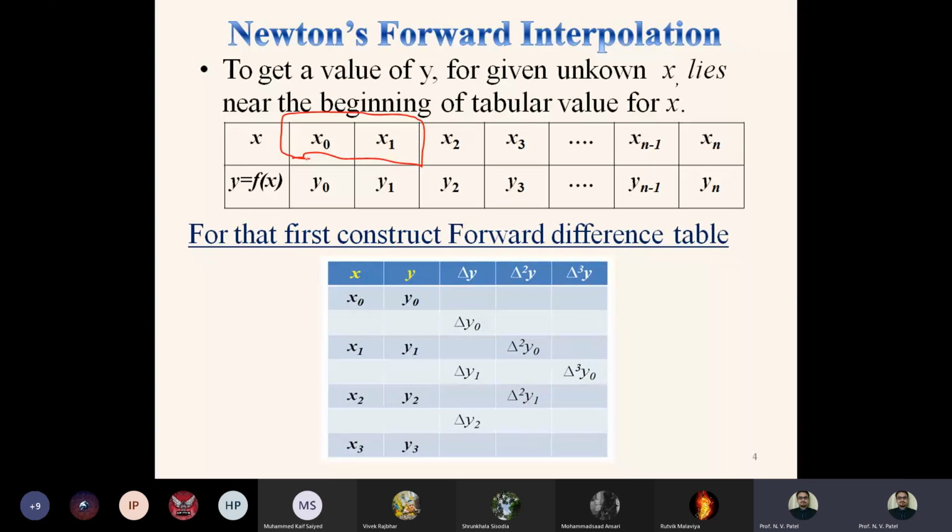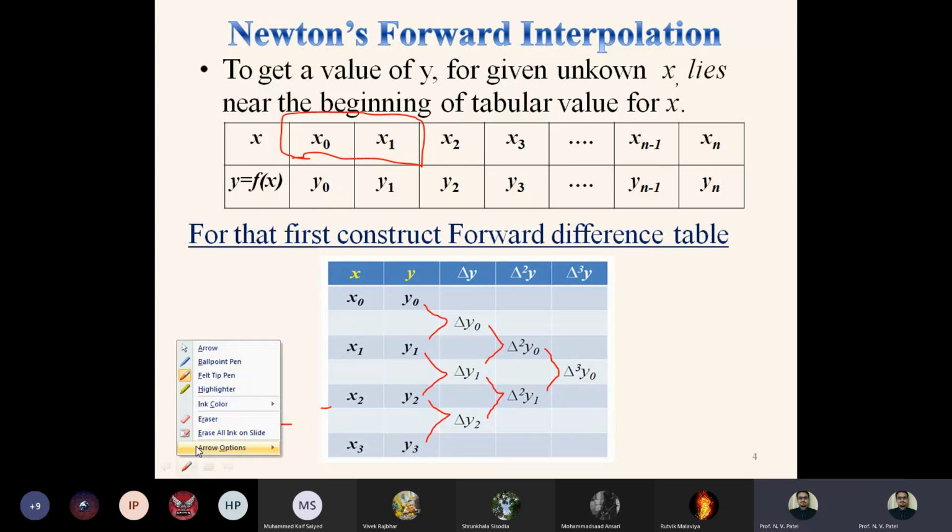Now delta y0 is obtained by subtracting y0 from y1. Then y2 minus y1 is delta y1, and y3 minus y2 is delta y2. So that is our forward difference table. First of all, we have to construct this forward difference table. This table is important in our formula and in the examples of this method.